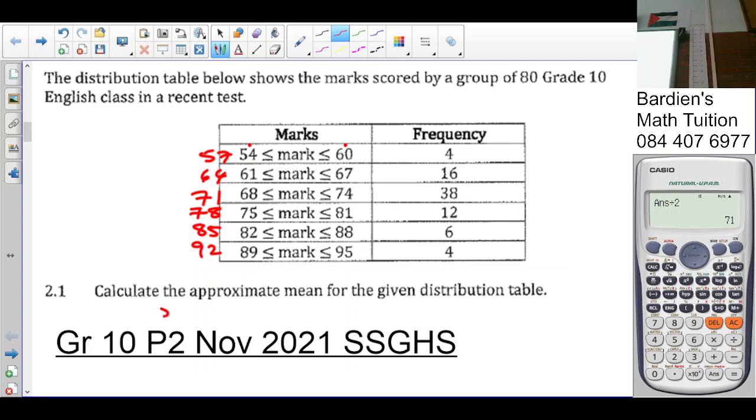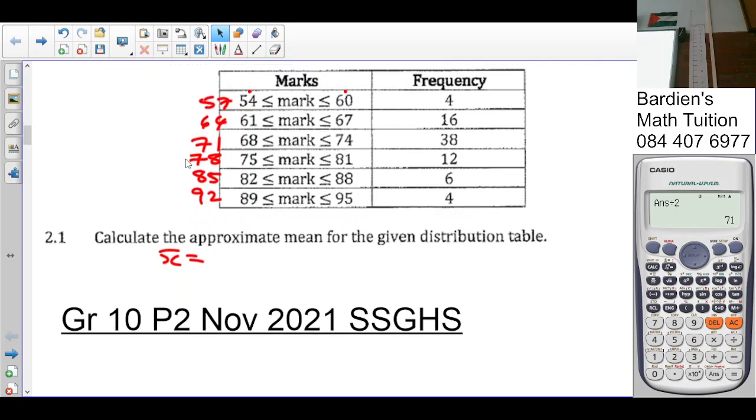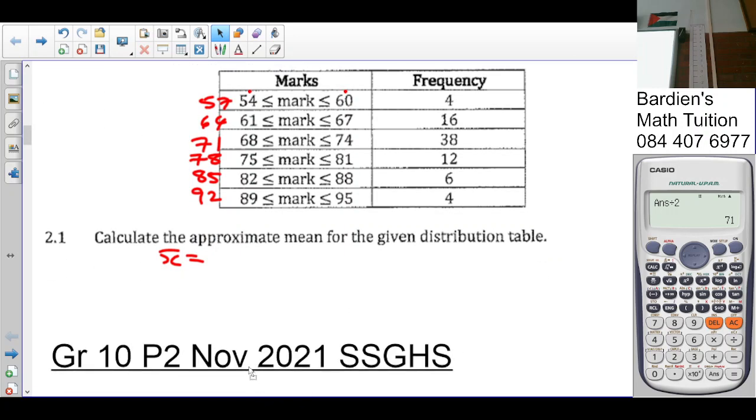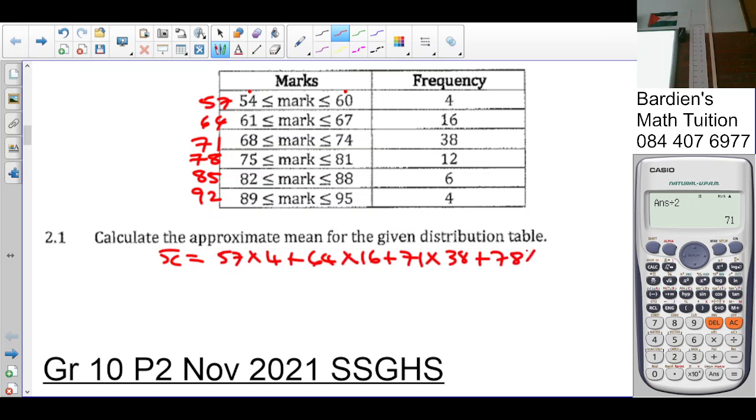So when we work out this mean, it's simply going to be 57 times 4 plus 64 times 16 plus 71 times 38 plus 78 times 12 plus 85 times 6 plus 92 times 4.